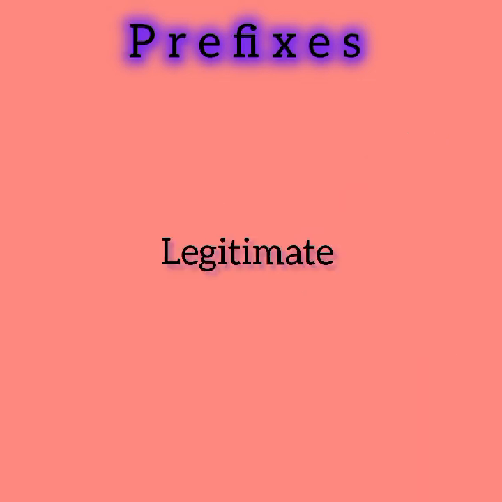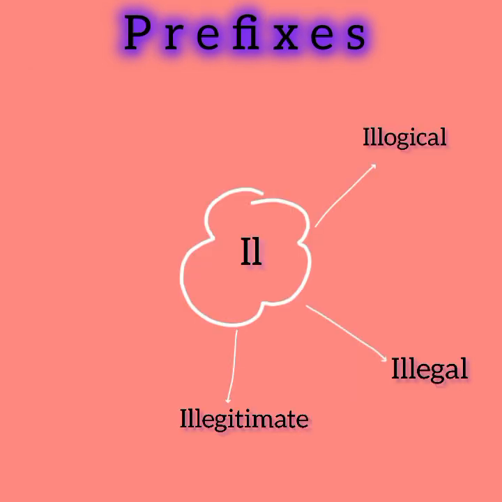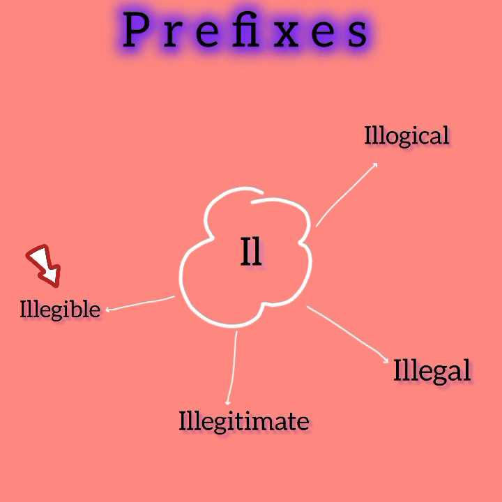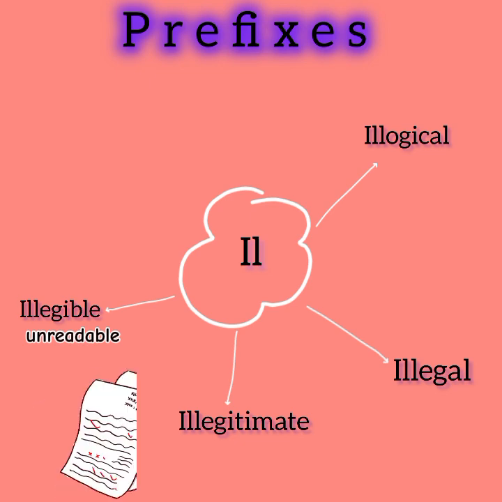Then there is the word legitimate, which means lawful. But when we add il to it, it becomes illegitimate, which means unlawful. Learners, have you ever heard the word illegible? The word illegible means unreadable or not clear enough to be read.